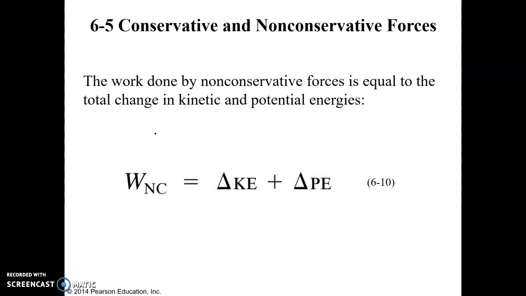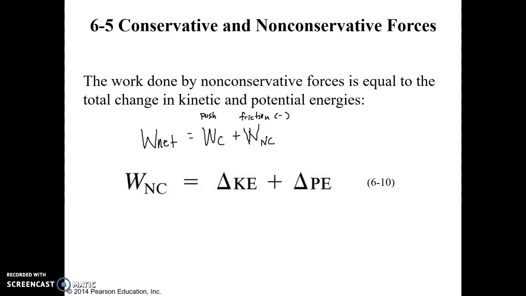So if we're looking at an example like pushing that box along the ground, the net work of the system is equal to the conservative work that we put into it plus the W_NC, the non-conservative force work that is done. So in the example of pushing the crate, the conservative work is the push, and the non-conservative work is friction, which is going to be a negative work.